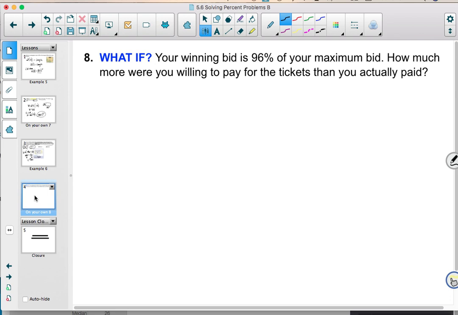What if the winning bid was 96% of your maximum bid? Remember, what was that winning bid? 120. And if it was 96% of my maximum, how much were you willing to pay for the tickets? How much more were you willing to pay for those tickets?